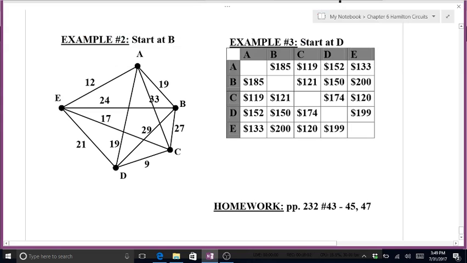Example number 2. Our smallest link looks like it connects D and C. Our next smallest link looks like it connects E to A. Our next smallest link is 17 that connects E to C. Okay, we can't use this line that's 19 that connects A to D because it'll close off my circuit, but I can reach out to B here.